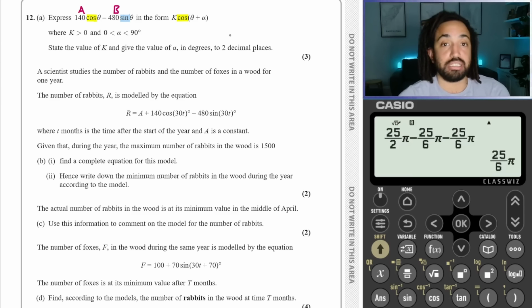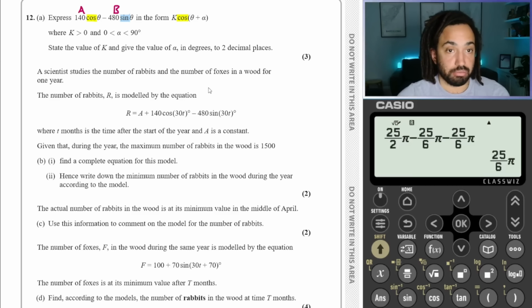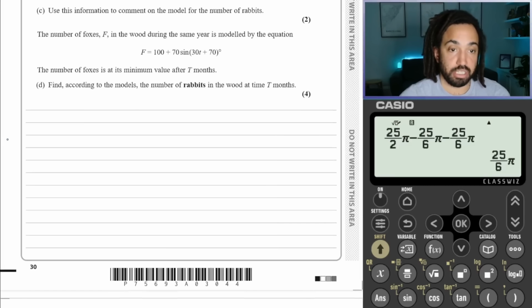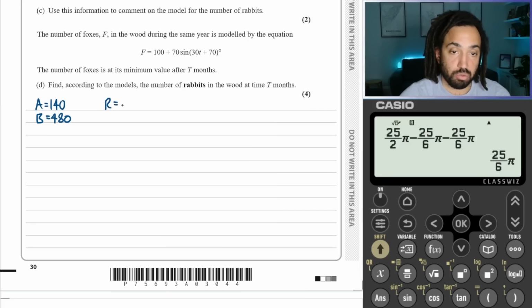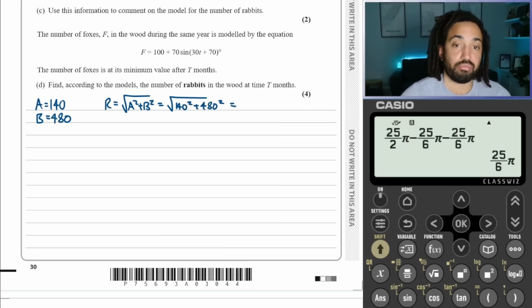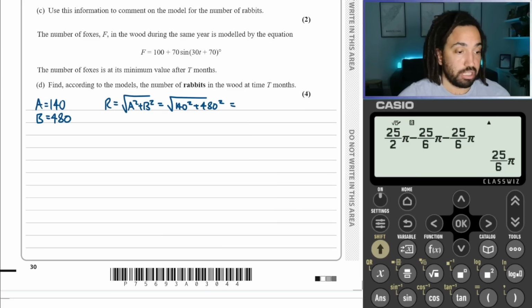Okay, once we know that, it's really simple. We can just follow this procedure. We've said that a is equal to 140, b is equal to 480, then r will always be the square root of a squared plus b squared, which is the square root of 140 squared plus 480 squared, which can just go into our calculator.